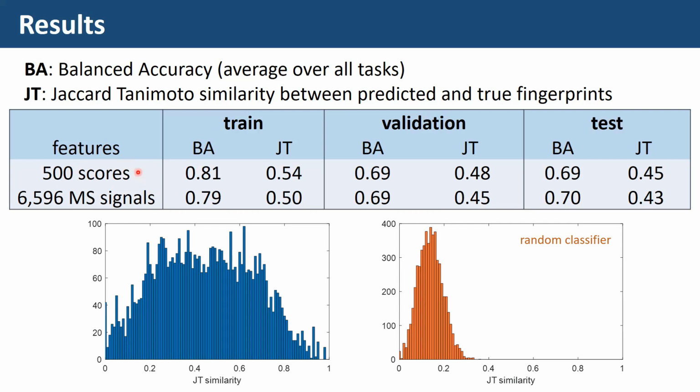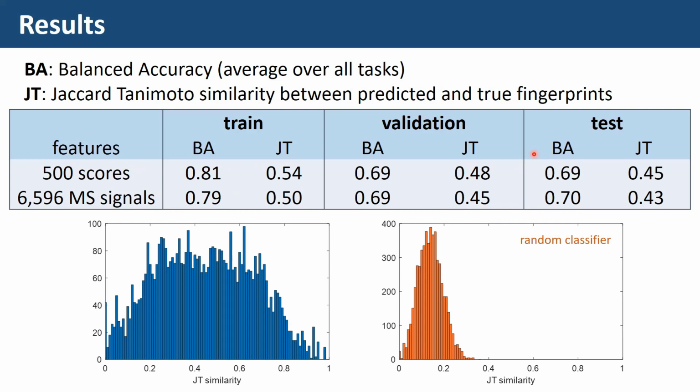Both approaches gave very similar results in terms of balanced accuracy and Jaccard-Tanimoto similarity. If you look at the balanced accuracy, these models are not perfect, but they look of average quality.